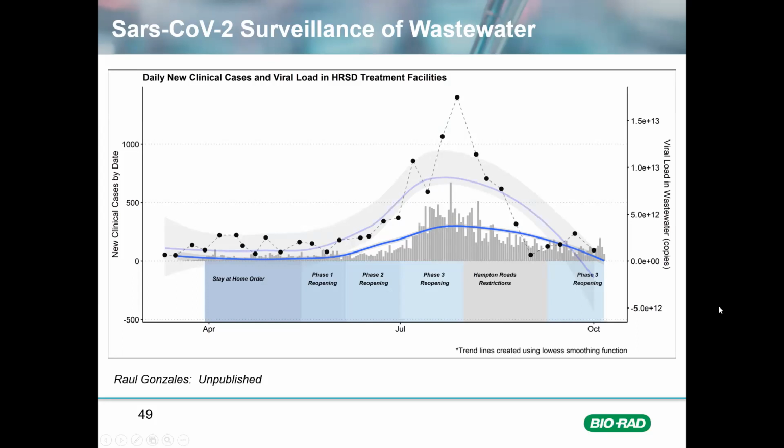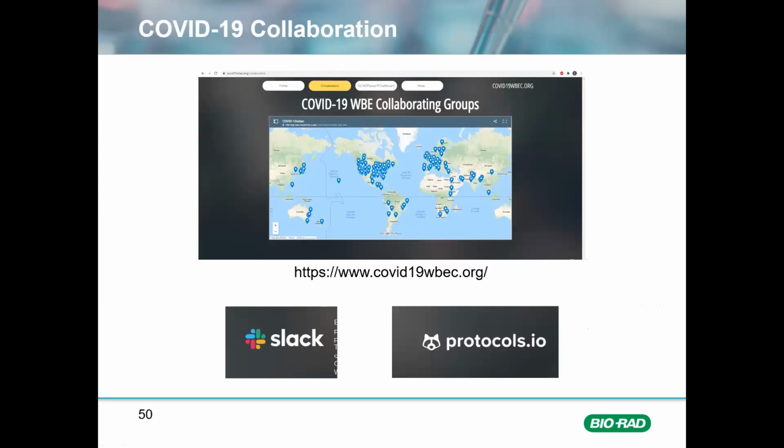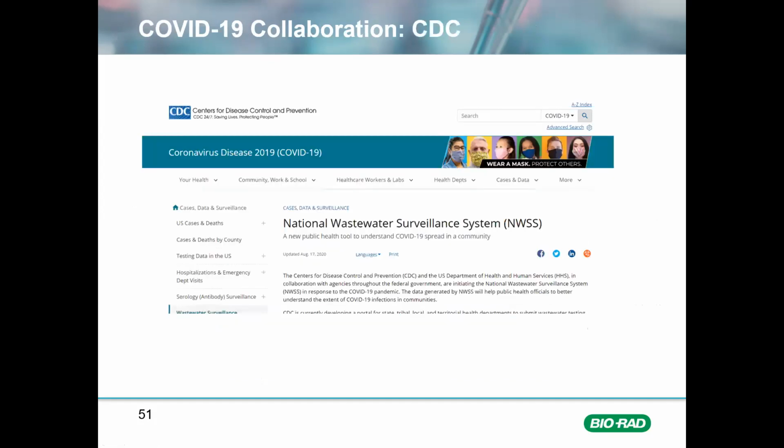And then we'll see, as they've since gone back to phase 3 reopening, it'll be very interesting to see how this progresses moving forward. Now, just to wrap up, I do want to point out that there is a large collaboration of groups that are working on wastewater surveillance. I would point you to their website here if you are interested in wastewater surveillance. It is an excellent resource, so much so that even the CDC has started to jump on this as well.